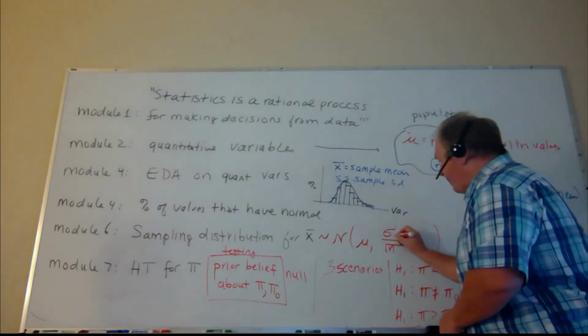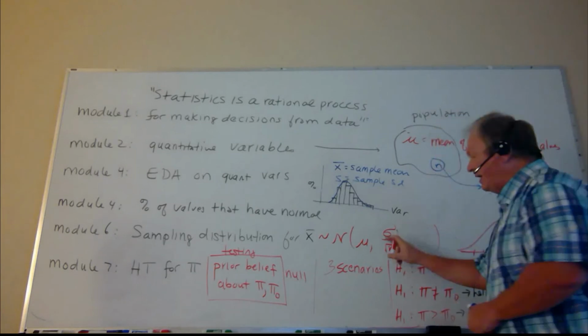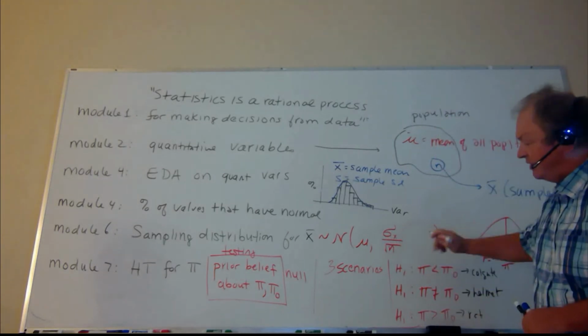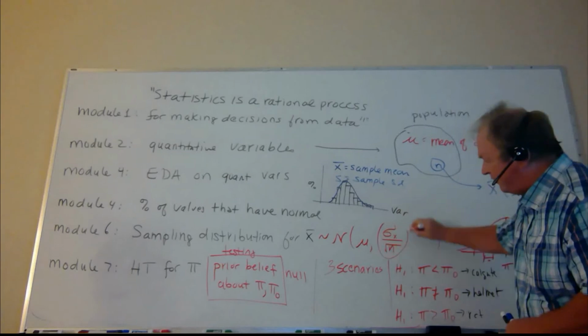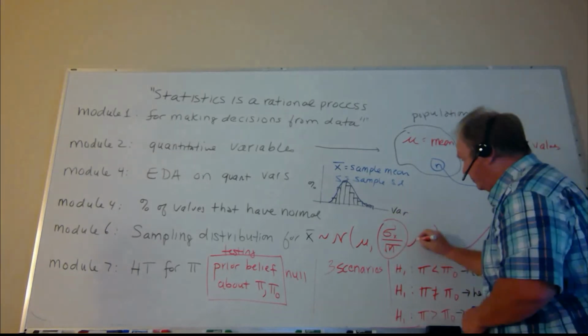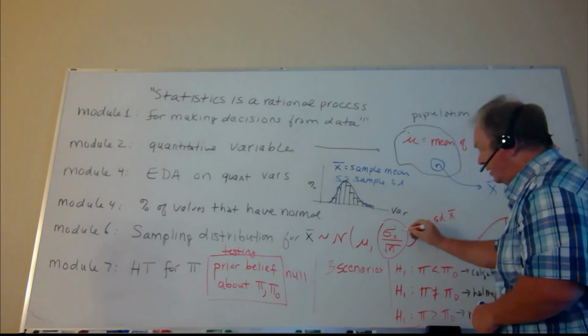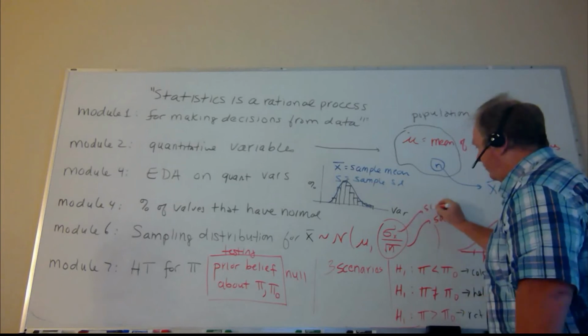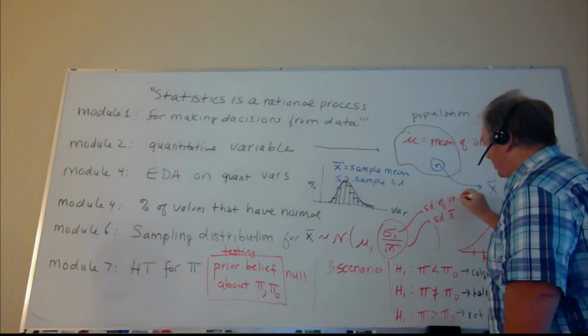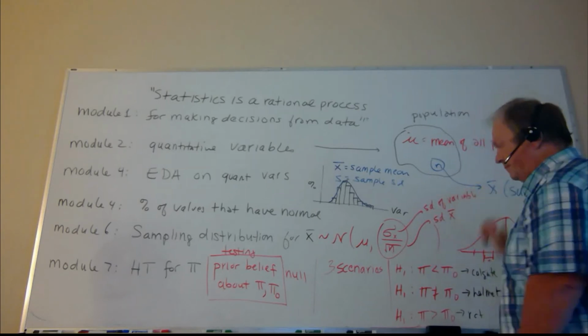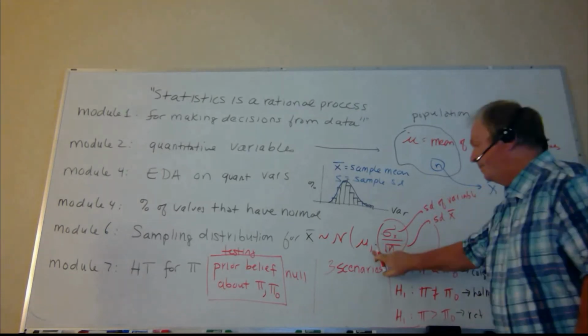Sometimes people put a little x here to make really clear that this is the standard deviation of x bar. And this is the standard deviation of our variable. Two different things. Okay?